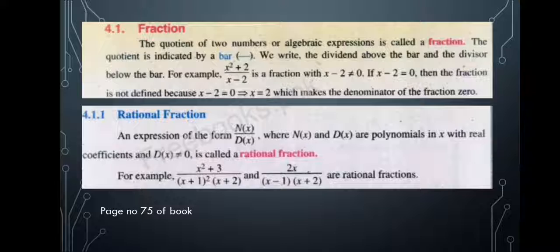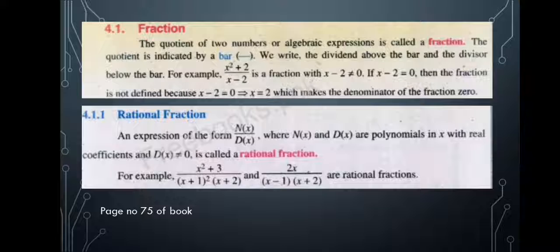Now coming towards the rational fraction. What is the rational fraction? An expression of the form N(x) by D(x), where N(x) represents the numerator, which is a polynomial containing x, and D(x) means a denominator containing a polynomial of x with real coefficients, and D(x) should not be equal to 0.